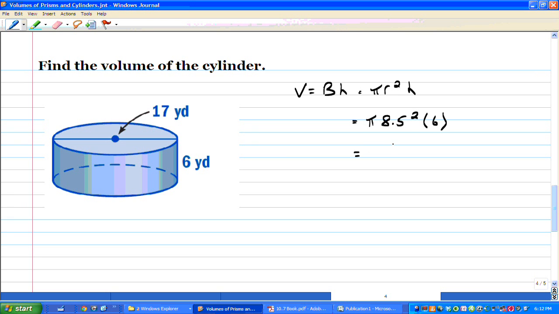Pi times 8.5 squared times 6 in your calculator. I'm using 3.14. Gives me 1,361.19 yards cubed. Which is 1,361, and I'm okay with that.